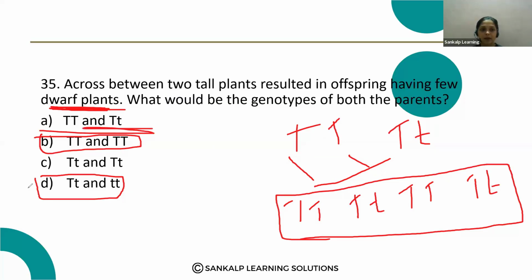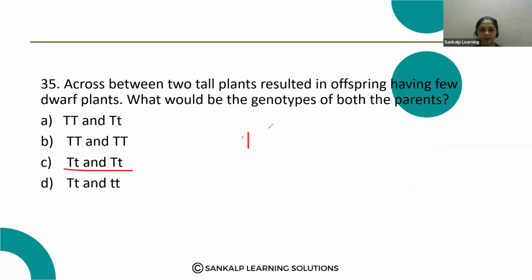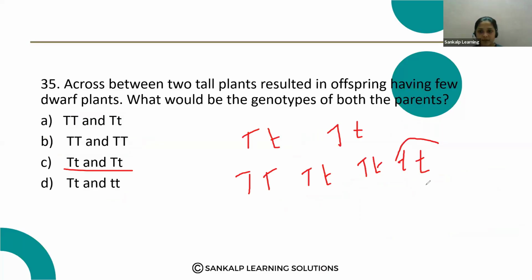So I will take Tt and Tt. So here capital T capital T, capital T small t, capital T small t, and small t small t. Yes, in this condition only, when two tall plants are taken for hybridization, there is a formation of the dwarf plant. So option C is the correct answer.